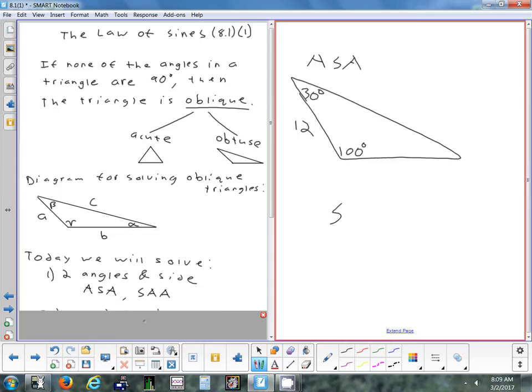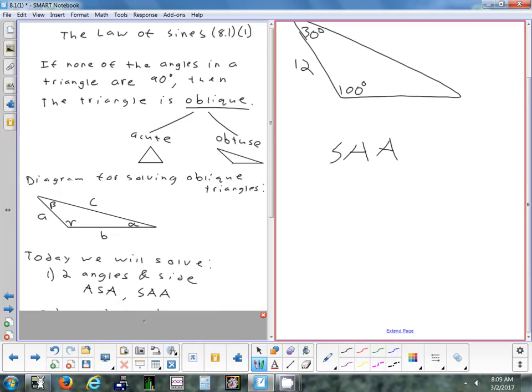If they gave me side, angle, angle, they're giving me the same information, but this time the side is not between the angles that I know. So this could be 40, 110. And I just have to pick a side that's not the one between the angles. 8. Side, angle, angle.